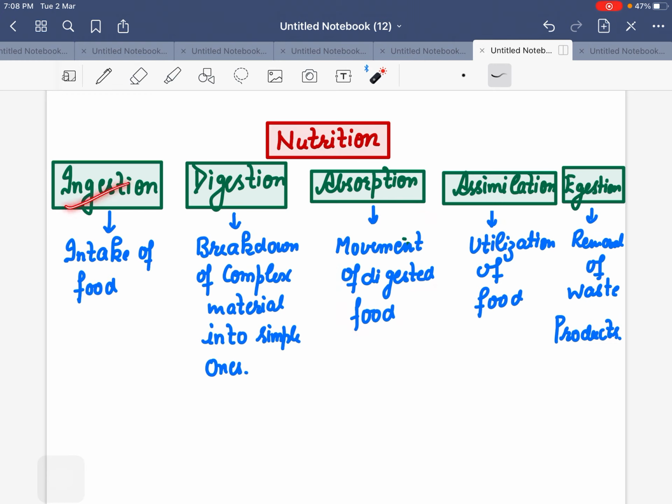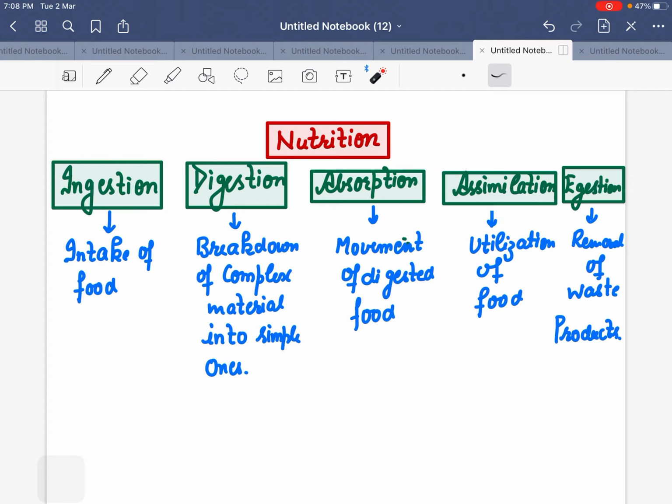So the first step is intake of food, ingestion, then breakdown of food, digestion, then movement of food, that is absorption. Assimilation: now you are utilizing your food for the different body parts, wherever energy is required, wherever the food is required by the cell. That is known as assimilation.